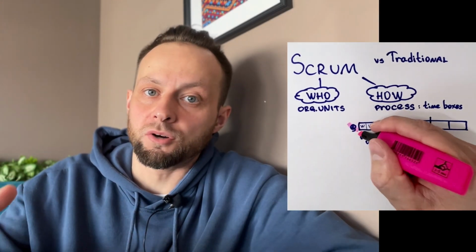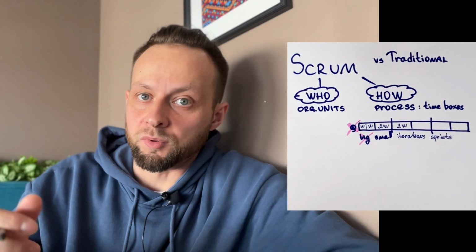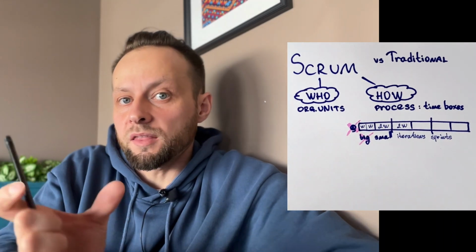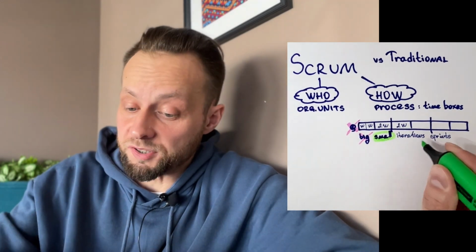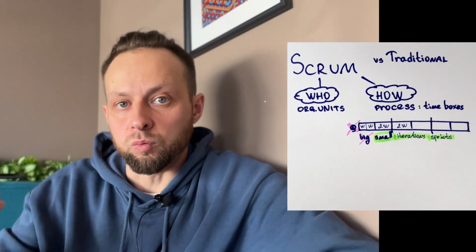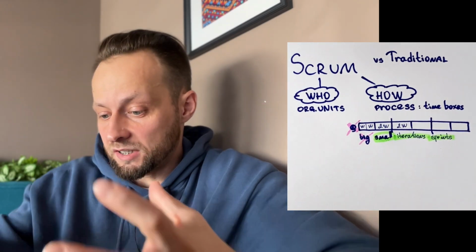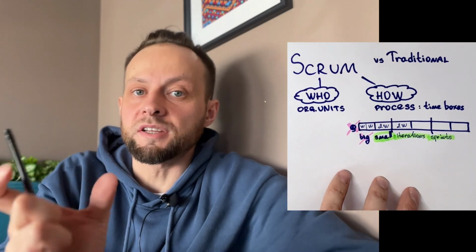So let's say we chose 2 week intervals. In Scrum they are called sprints, and we will do the work in these 2 week sprints. We will take only such an amount of work that can be completed and delivered within this interval.